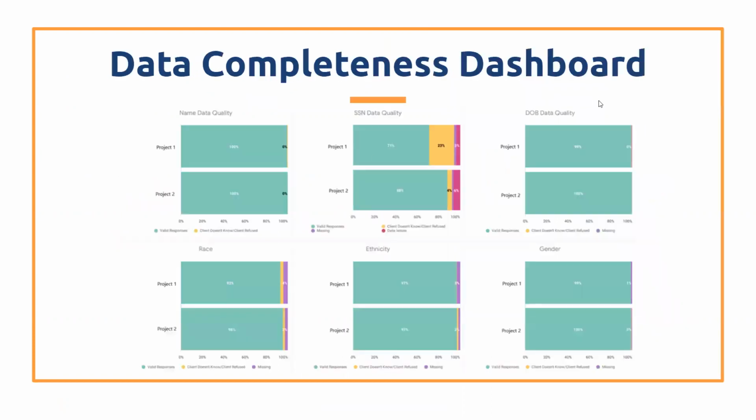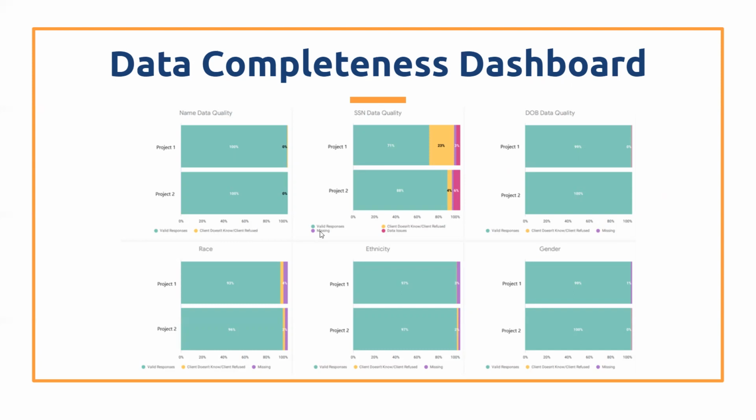So this is a sample of what the data completeness dashboard looks like. You will have a separate chart for each data element. And you can see the first 6 here. And then for each project, you will be able to see the percentage of valid responses for the data element versus the percentage where the client answered client doesn't know or client refused, as well as missing.